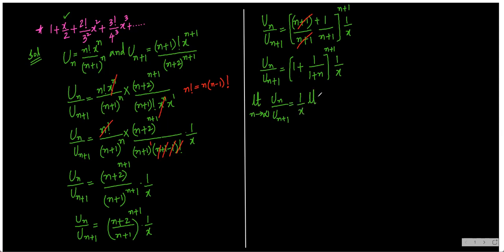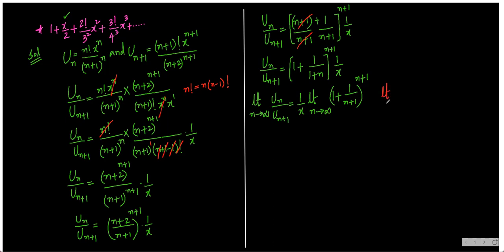Limit n tends to infinity, and we are getting 1 plus 1 by n plus 1 to the power of n plus 1. We already know this formula, but I want to write it once again.